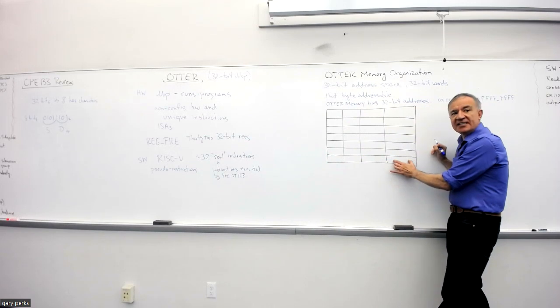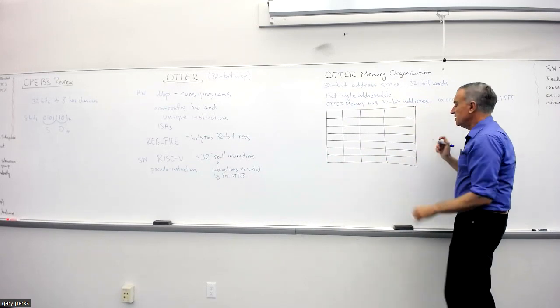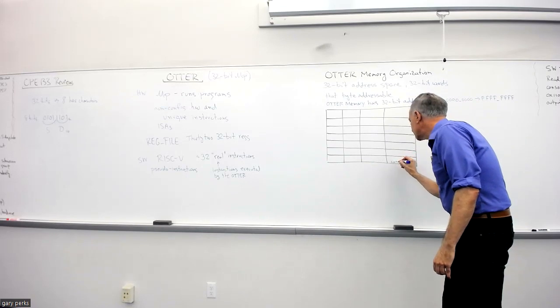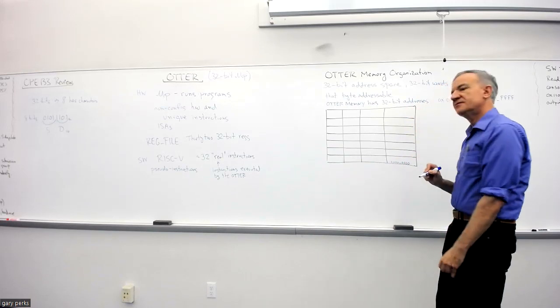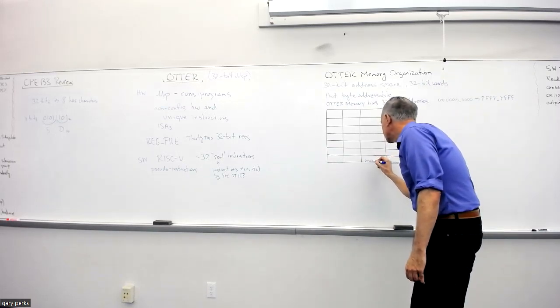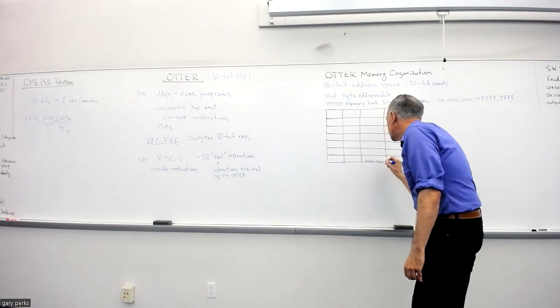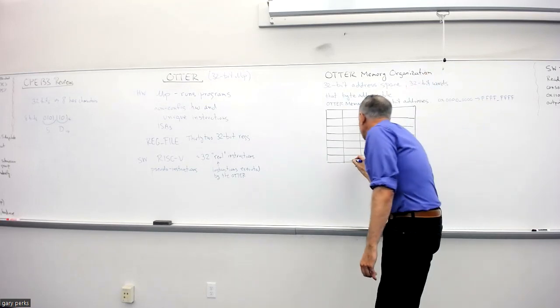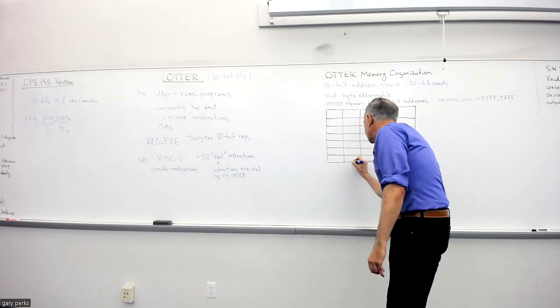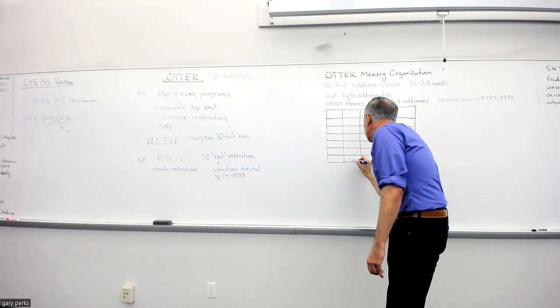So each byte has an address. This byte would have address 0, 0, 0, 0, 0, 0, 0, 0. This byte would have address 0, 0, 0, 0, 0, 0, 0, 1. I'm not going to keep writing the 4 leading zeros, I'll just write the last 4 characters.